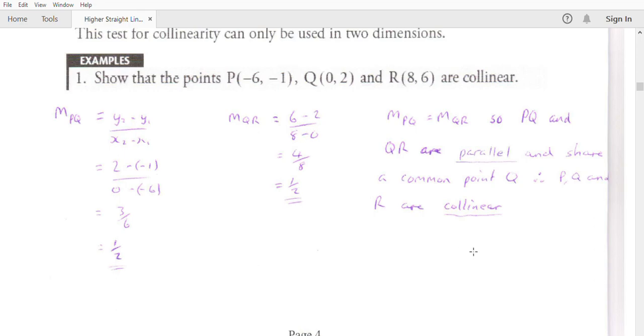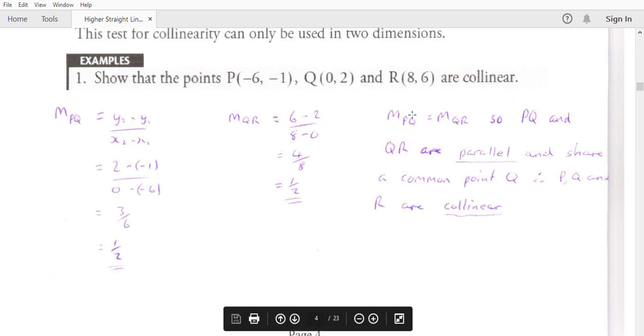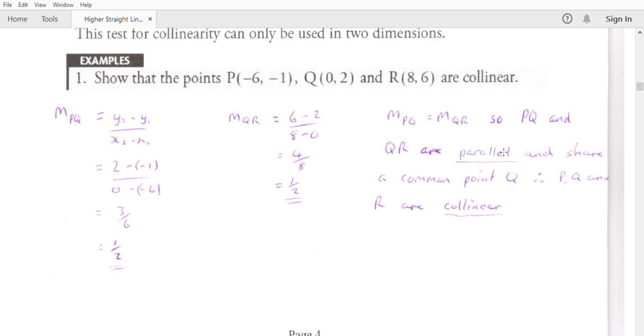Right, this is a very specific statement that the SQA want us to use. The gradient of PQ is equal to the gradient of QR, so PQ and QR are parallel and share a common point Q. Therefore, P, Q and R are collinear. So note we're saying that the lines PQ and QR are parallel, and they share a common point Q, therefore P, Q and R are collinear.